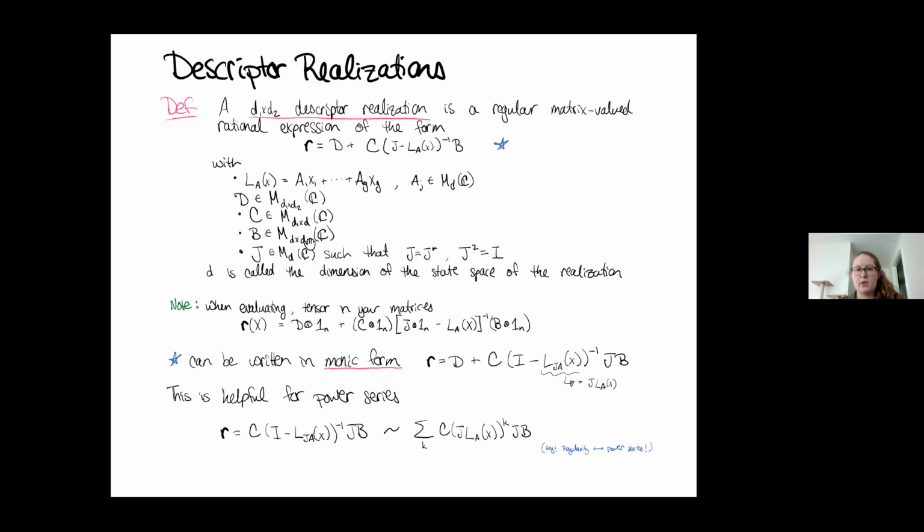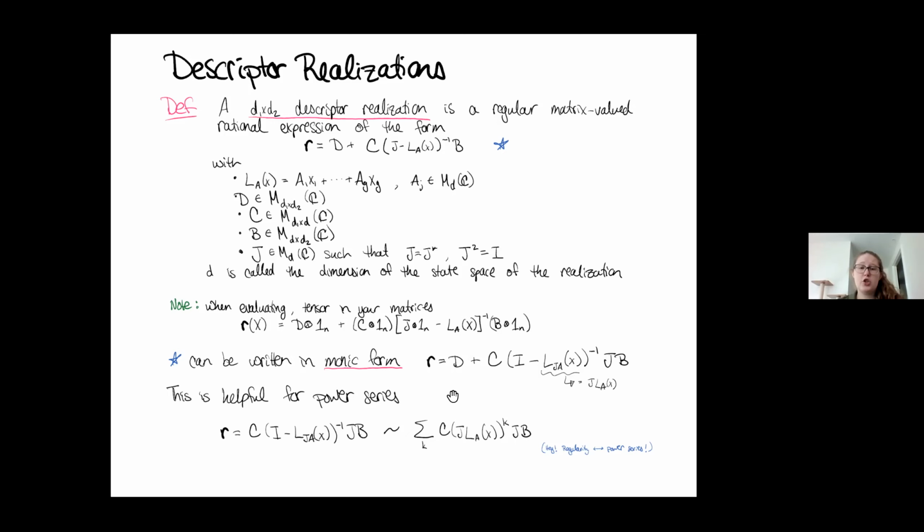And we allow for, in this case, D1 and D2 instead of just 1 by n and n by 1. As before, if we're doing this in general, we want to be tensoring in our matrices. So if we're evaluating at some tuple, we will tensor those in. We're not going to do proper matrix multiplication. We're going to stick them into our matrix.